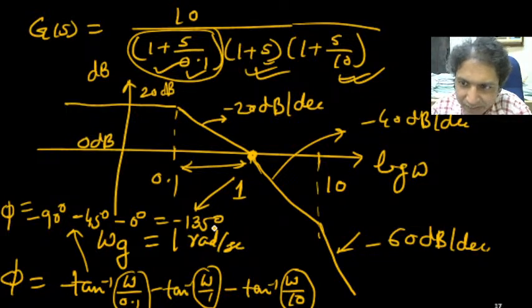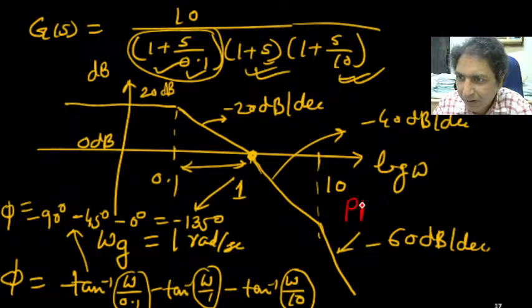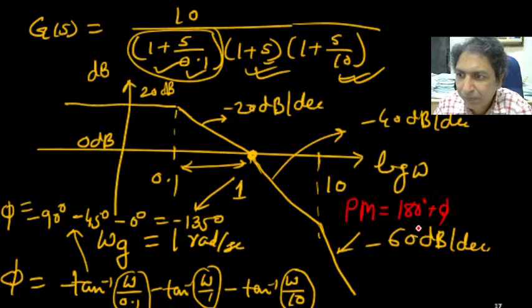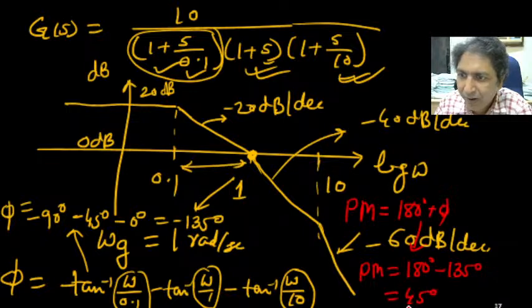So if phase is minus 135 degree, what is the phase margin? Can I calculate the phase margin? Phase margin would be simply 180 degree plus the phase. So from here, 180 degree minus 135 degree means 45 degree.